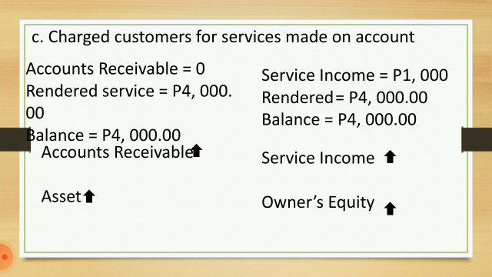It belongs to owner's equity. Therefore, when service income is increased, your owner's equity is also increased. So the two accounts involved in this transaction are accounts receivable, that's your debit, or on the left side, and service income, that's your credit, recorded on the right side.